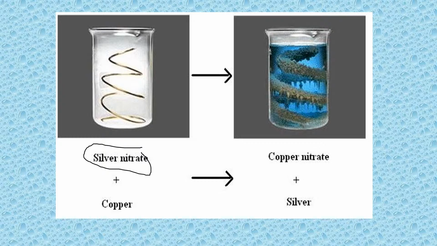The copper was oxidized, lost electrons to form copper ions, Cu2+, which are responsible for this blue color, and the silver ions, which were colorless, then formed a silver color metal, elemental silver, which is what we see on top here. So there's this visual effect that you can see over time. It's a redox reaction.